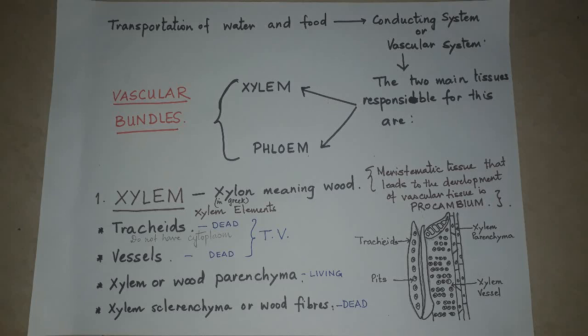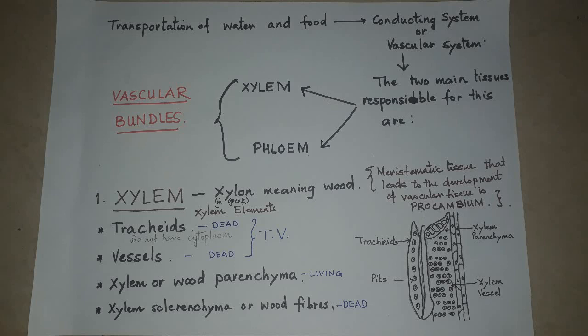So this is all about xylem. Now, how will you remember the components? You all have studied about parenchyma and sclerenchyma. So xylem parenchyma, xylem sclerenchyma. Because parenchyma is living, it is known as wood, and because sclerenchyma is dead, it is known as fiber.